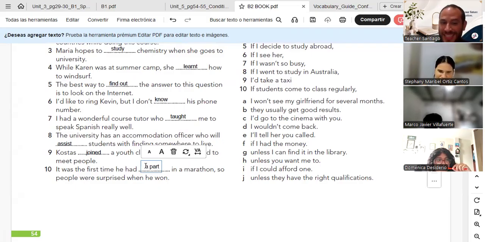It was the first time he had... We have the auxiliary had. So, taking past participle, Stephanie.